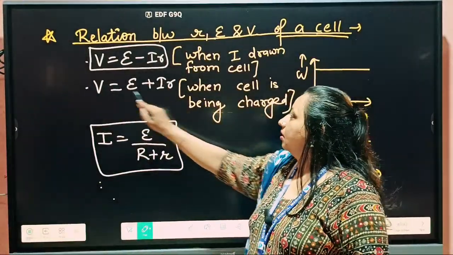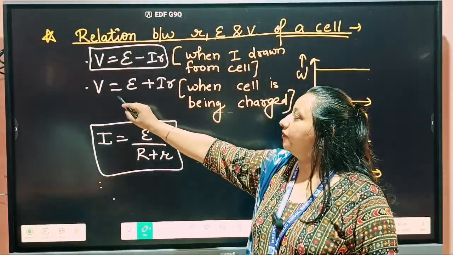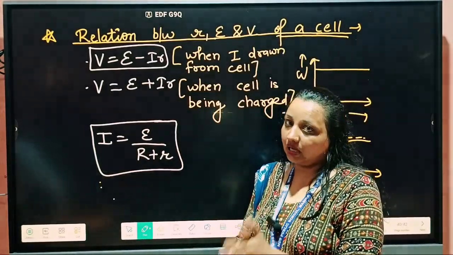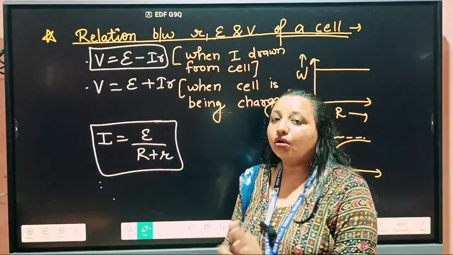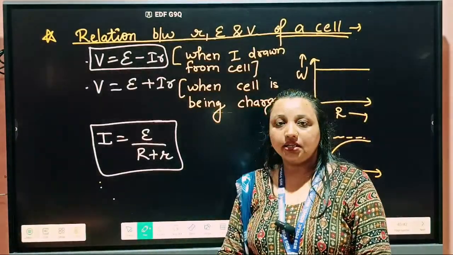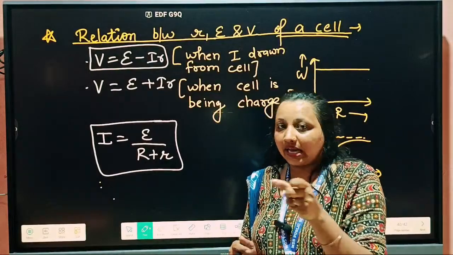But when the cell is being charged, then V is equal to E plus IR, the EMF plus the product of current and internal resistance. And the current is I equal to V upon R, but we consider both internal and external resistance.